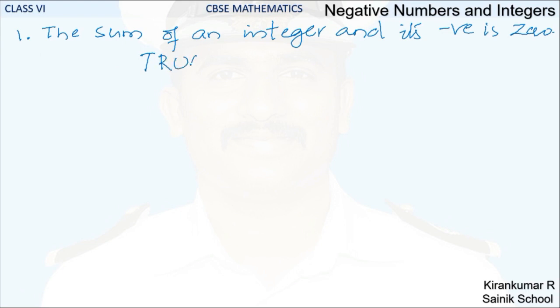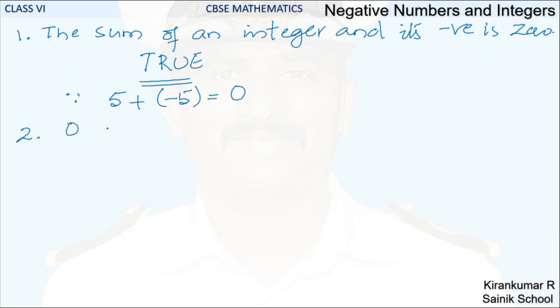This one is a true statement. What is the reason? Let me consider an integer added to negative of that integer. Here they are unlike, so we need to find the difference, and the difference is 0. So the statement is true.